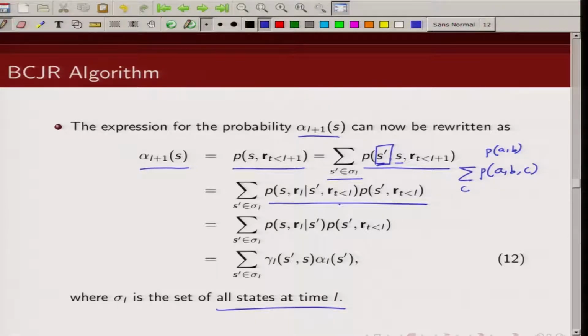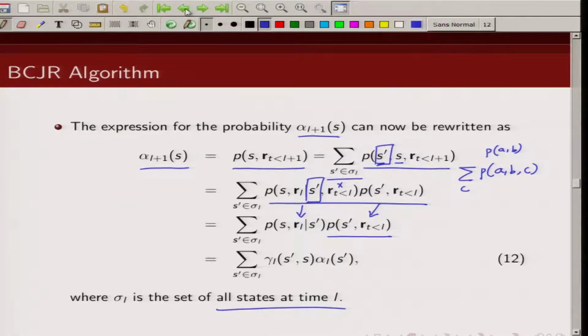Now, again, consider the probability of S and RL given S prime and the received sequence at times t less than L. If you know the previous state S prime, you do not need this information. So, this probability can be simplified to this probability, and this is this. Now, what is this term?